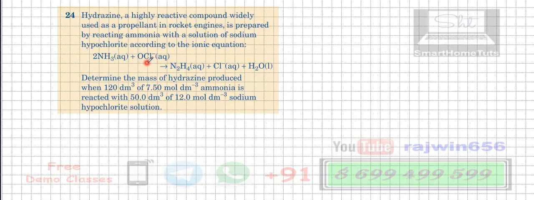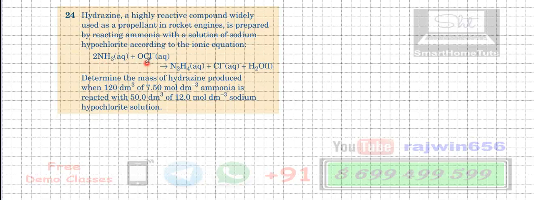The volume and concentration is given. From this you will get the moles of sodium hypochlorite. Also the volume of solution of ammonia and the concentration of ammonia is given. From this you will get the moles of ammonia. Then the mole ratio is 2:1.